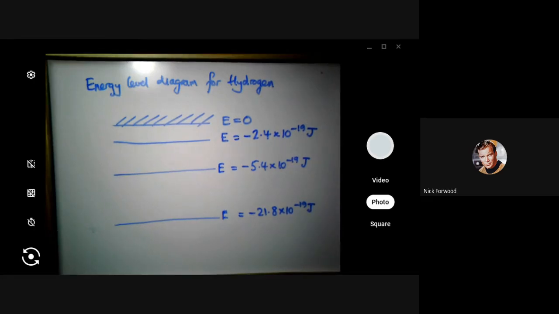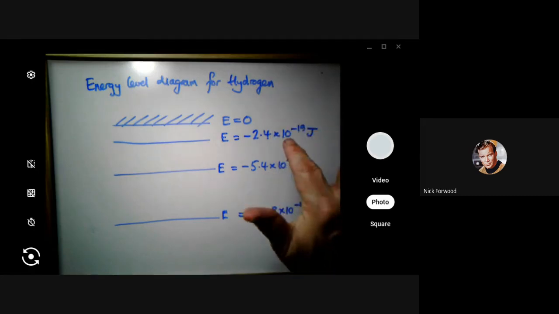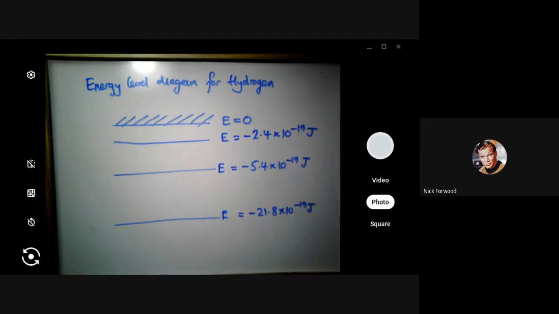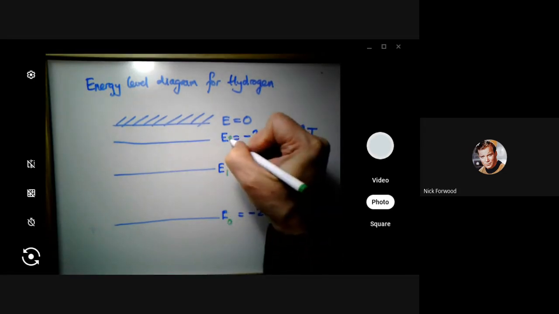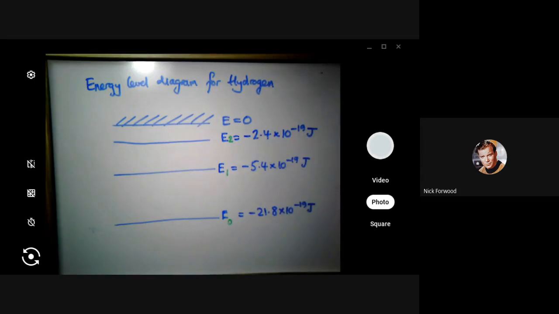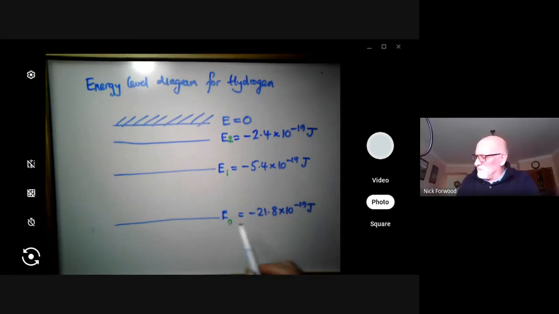Now I'm going to change my numbering system. This is the amount of energy that we have, but I'm going to change my numbering levels, and I'm going to make this E0, and I'm going to make this E1, and I'm going to make this E2. And as far as the electron is concerned, the electron is happiest living at this lowest level here.